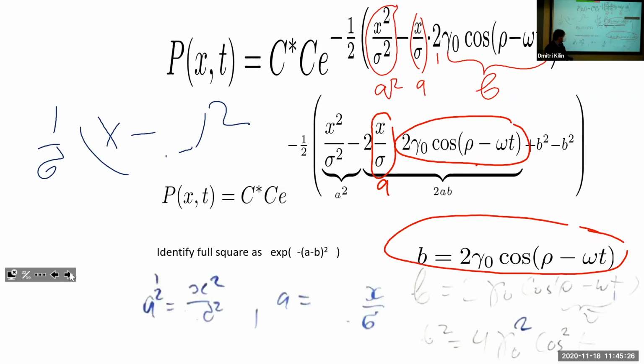This will not change the shape of the function. This will not change the center of the function, but it will change the absolute value. So it will be normalization which is time dependent. So as a price for this little trick, you will get time dependent normalization.